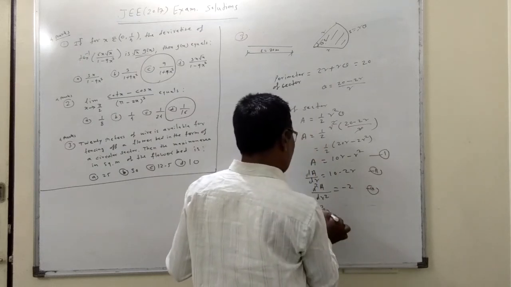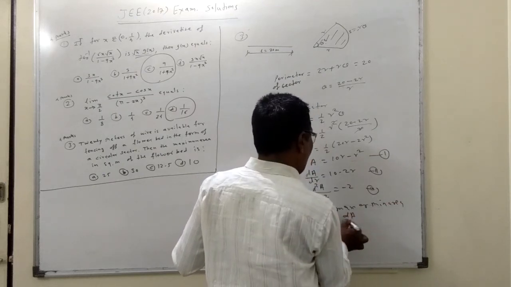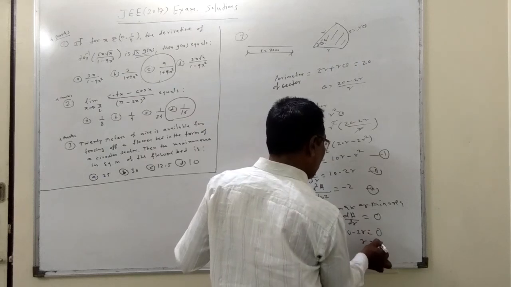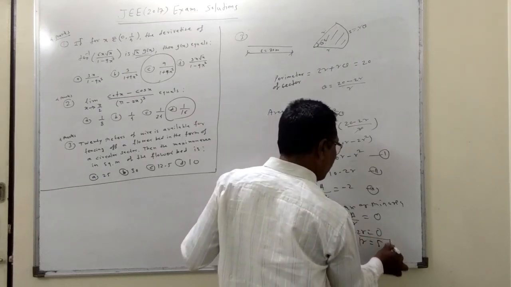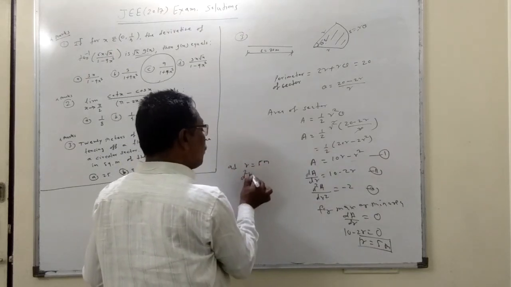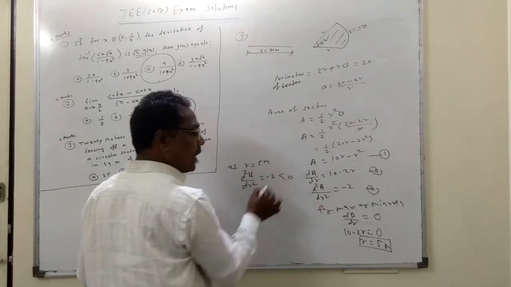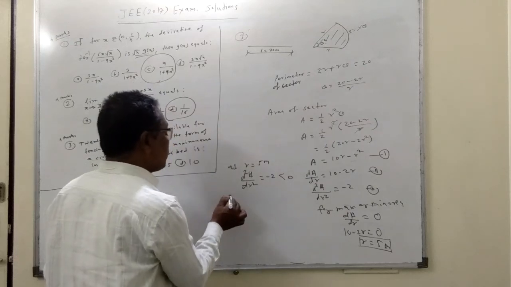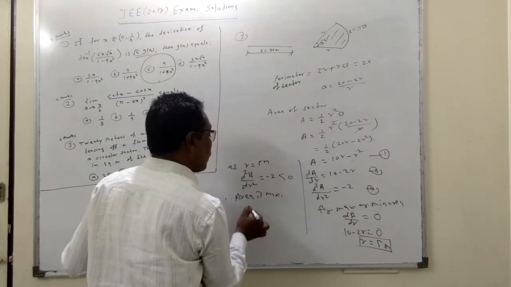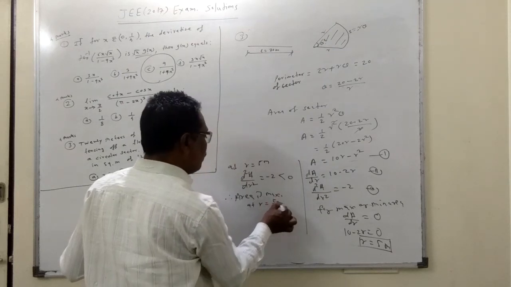Now you know that for maximum or minimum area, dA upon dr is equal to 0, so 10 minus 2r is equal to 0, so r is equal to 5 meter. Now at r equal to 5 meter, the second derivative d2A by dr square is equal to minus 2, a constant value less than 0. Less than 0 means by Lagrange's condition area is maximum. Therefore, area is maximum at r equal to 5 meter.